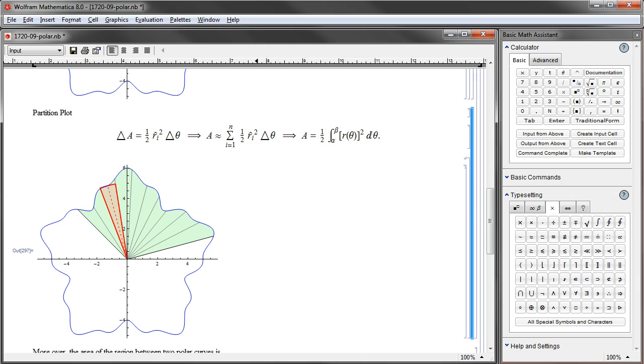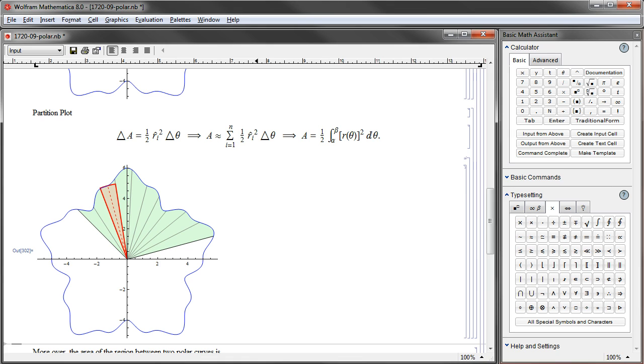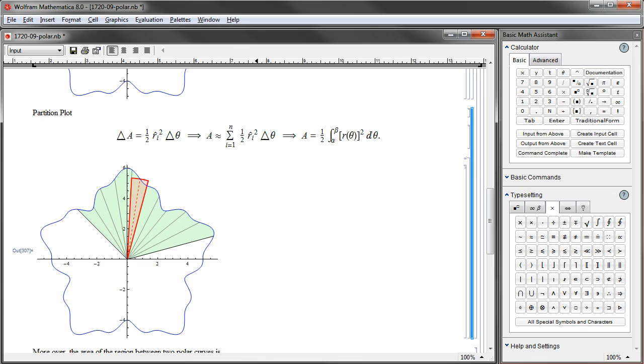So we have a Riemann sum decomposition, not by rectangles but by sectors, and the red sectors will approximate these green sectors. By the way, I think this program is randomized, so if I run it again, I'm going to get a different picture. Yes, you can clearly see that the red sector is approximating the original green ones.